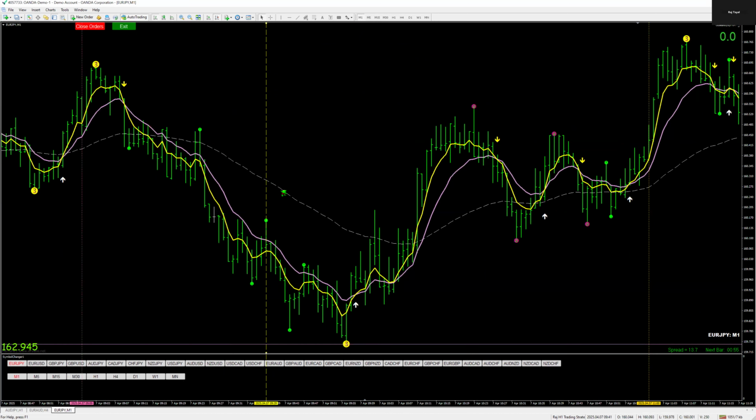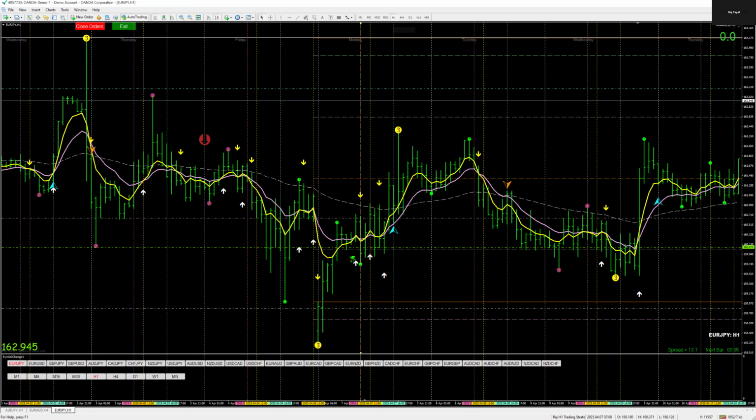But if you take this entry, let's just mark it right here, and you go back to the 1 hour chart, because it's a 1 hour trade, what are you going to get? You're going to get a loss. It's a 24 pip loss. So keeping that in mind, this is a price reversal or retracement.